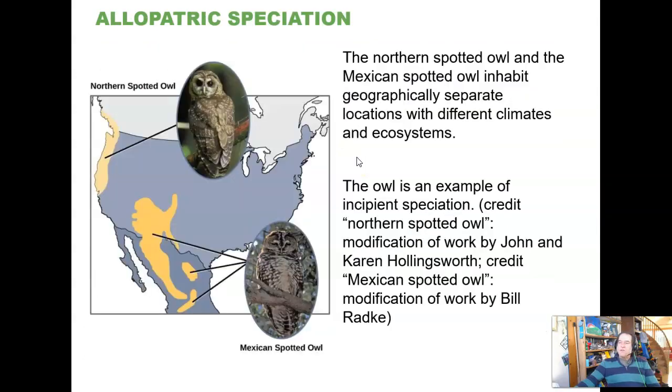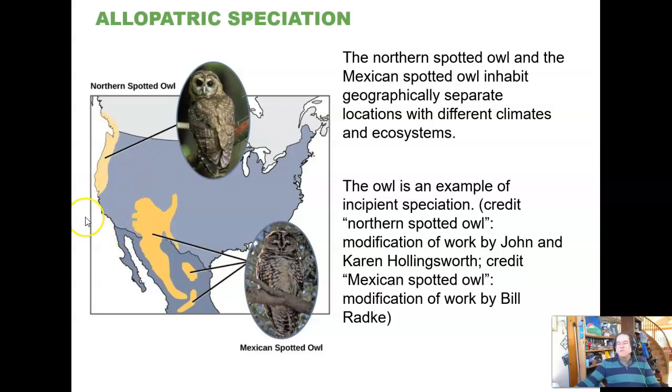In this particular case right here, I don't know the details on these. It may be possible to get them to hybridize if you can get them to agree to mate with each other. If they do all of those things, show up in the same place, recognize each other's mating behavior, and do all of these things, they may make a valid hybrid, which is a bird that could be something in between both of these. But there's no good habitat for them between these 2 ranges right here.